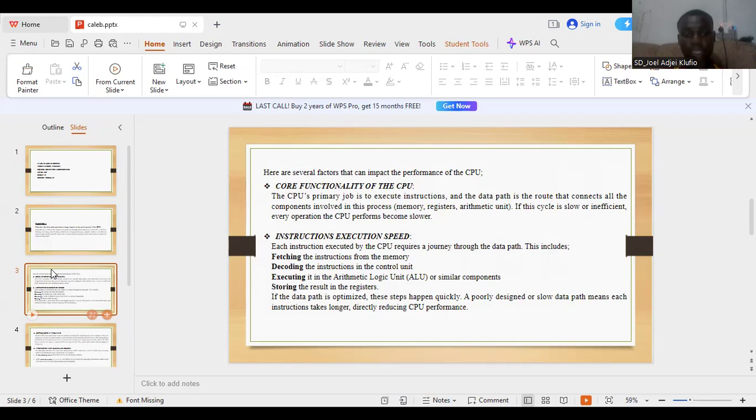Then you have the executor, which executes the instruction, and then it stores the result back inside the registers. If the data path is optimized, these steps happen quickly. A poor design or slow data path means each instruction takes longer, directly reducing CPU performance.